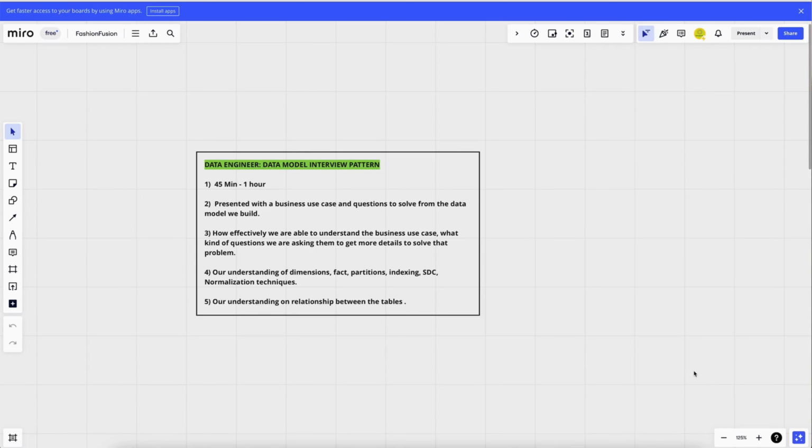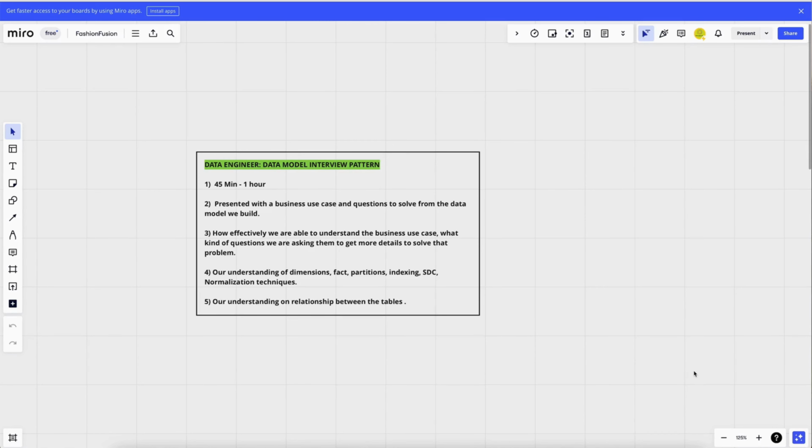Usually they'll be looking for how well we are able to understand the business use case and what kind of questions we are asking them to get more details to solve that problem. And also our understanding of dimension tables, fact tables, aggregate tables, and how we are going to do indexing, slowly changing dimensions, and normalization techniques.